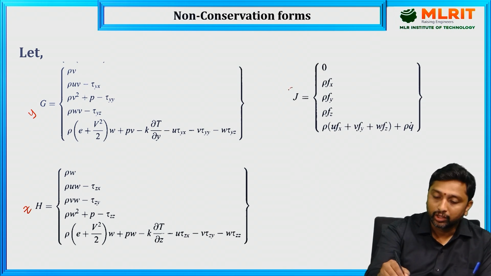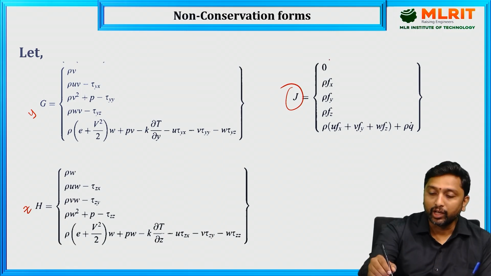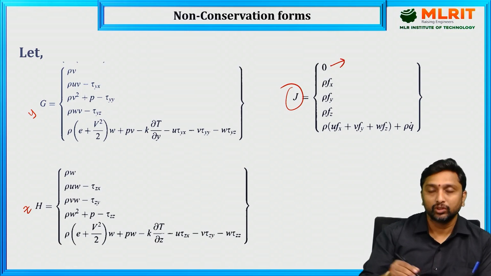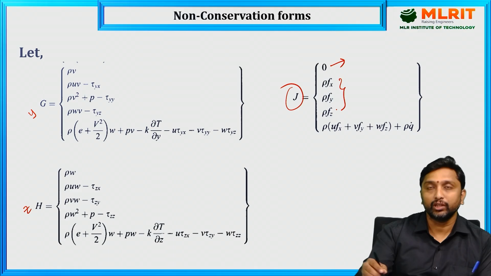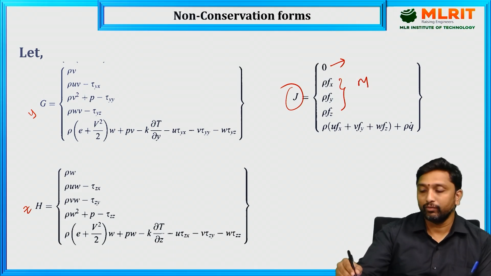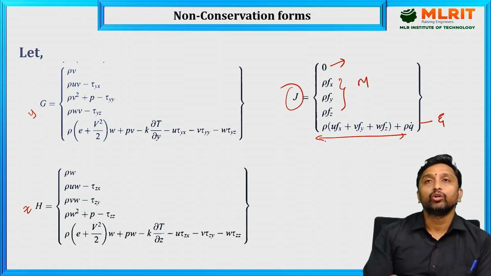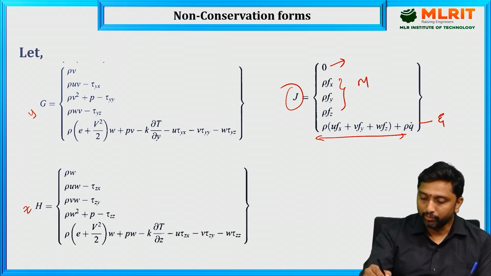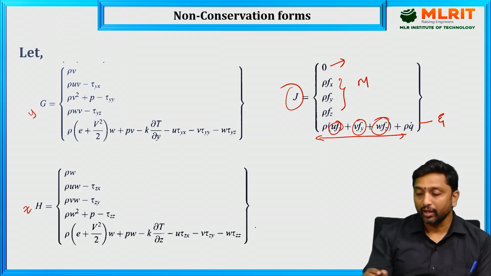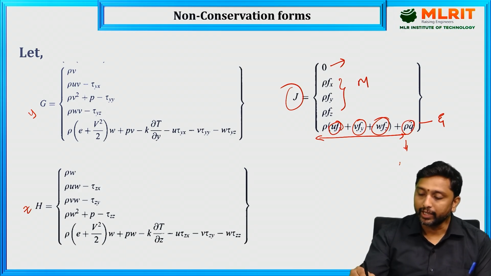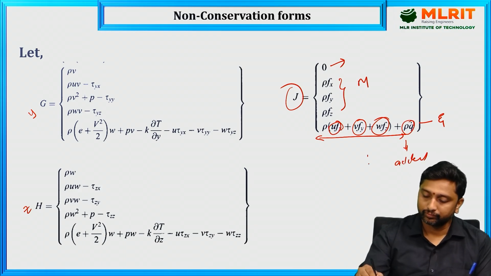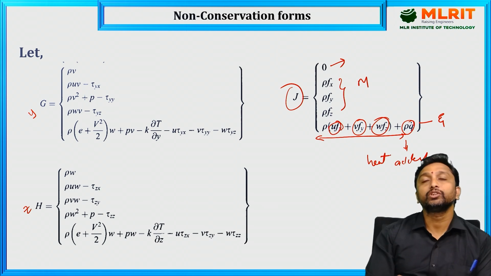Those terms are given as J. In continuity, the RHS was 0, then ρfx, ρfy, ρfz from the momentum equation, and from the energy equation, these are the terms which we did not come across. These are the body force, or work done by the body force, and this is the rate at which heat is added.